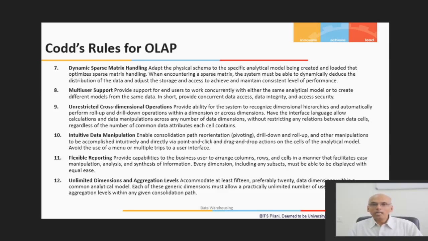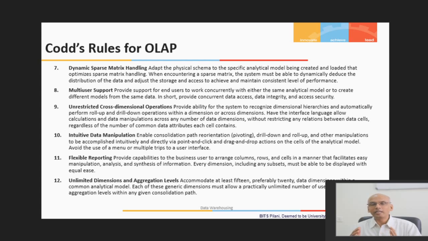And the OLAP should provide for dynamic sparse matrix handling. That's important, considering that each dimension may have widely varying cardinality. So you may have 10,000 products, 100 stores, and 5 promotions, etc., or 12 periods across which you are analyzing. So it is important to realize that the matrix of the information may have a lot of zeros or insignificant values.